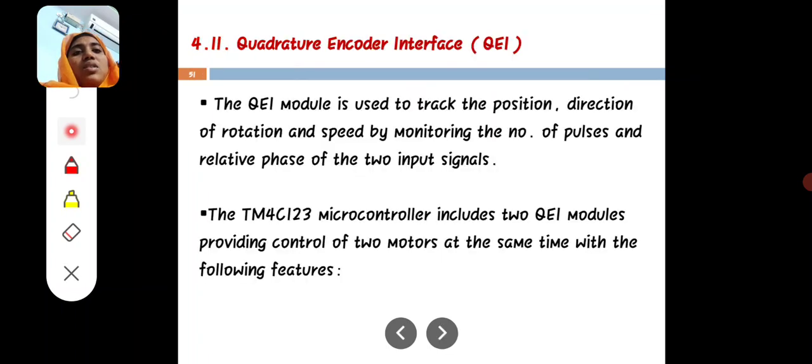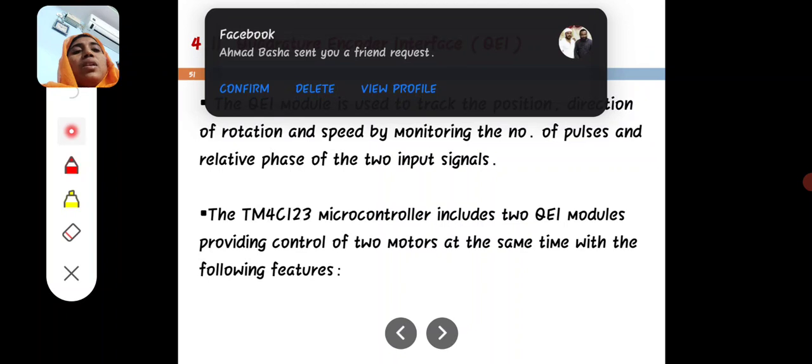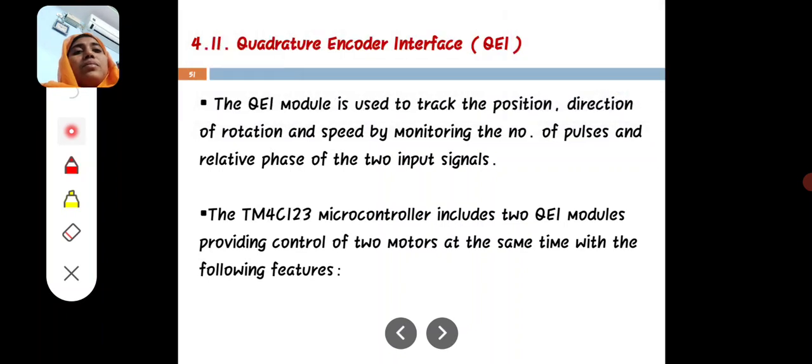Next is the quadrature encoder interface. It is also a block with whose help we can control the speed of the motor. QEI stands for quadrature encoder interface. The QEI module is used to track the position, direction of rotation and speed by monitoring the number of pulses and the relative phase of the two signals.